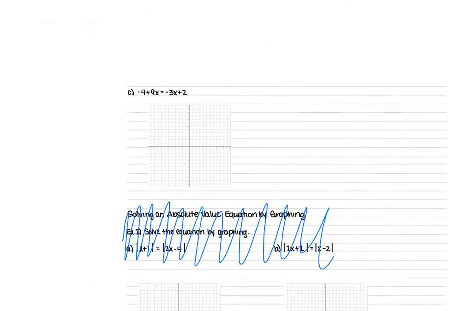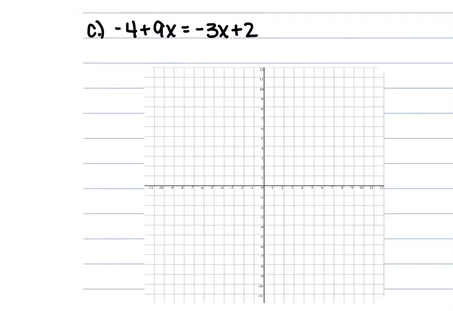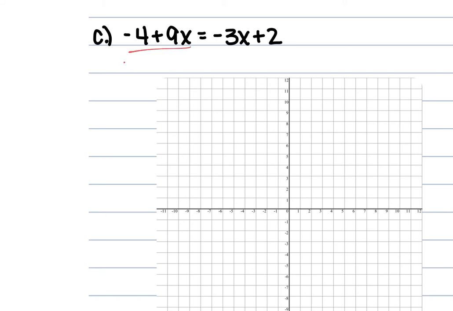Let's do C. All right, so for C, y equals -4 plus 9x, and y equals -3x plus 2. You guys with me?